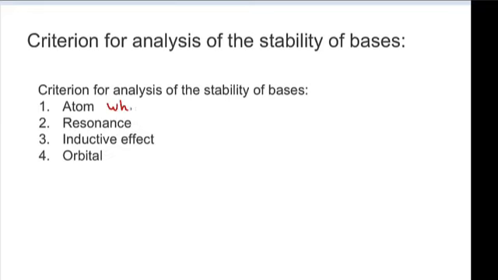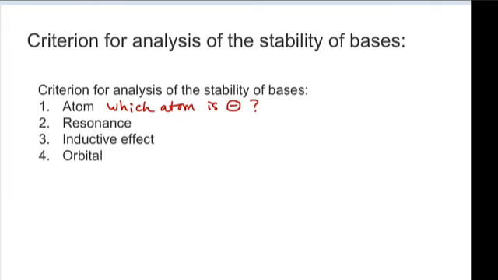Which atom has the negative charge? And we've talked already about how having a negative charge on oxygen is more stabilized than having a negative charge on carbon. And of course, if you can form a more stable conjugate base, then you will.